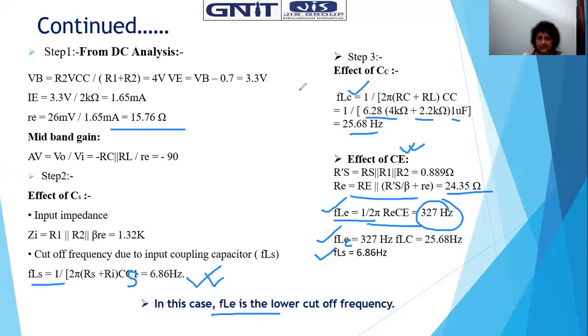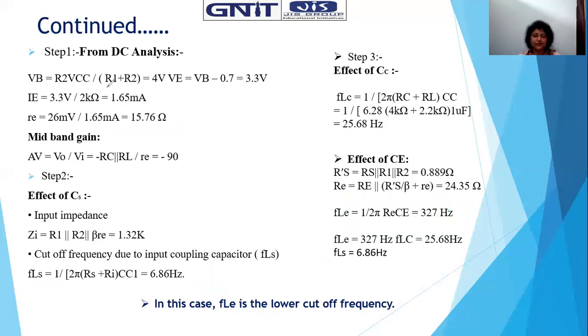So what are the steps involved to calculate this kind of numericals? We have to design the lower cutoff frequency of that amplifier. While we are designing, for this given data, we can calculate the lower cutoff frequency. What is the first step? The first step, you need to calculate RE. To calculate RE, the necessity is we need to calculate VB. From where are we getting VB? We are getting VB from the DC analysis or biasing network.